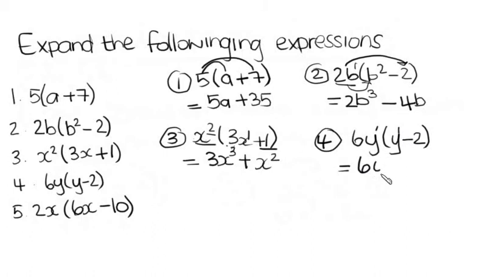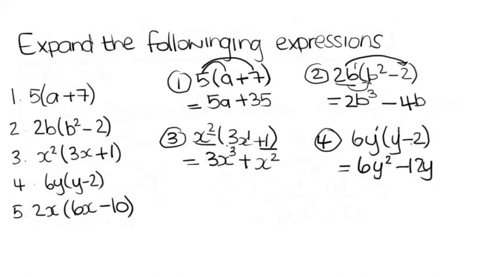That gives me y to the power of 2. Great. Then again, a positive number multiplied by a negative number leaves me with a negative in my answer. 6 multiplied by 2 gives me 12. There is no y there, so that y just comes along with it. It goes unchanged. Okay, remember?